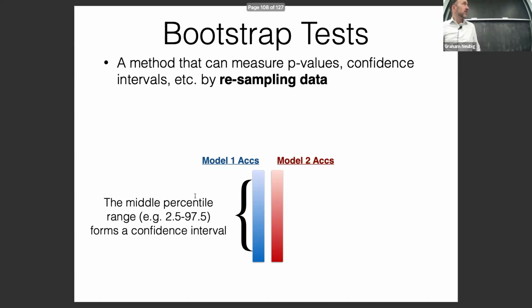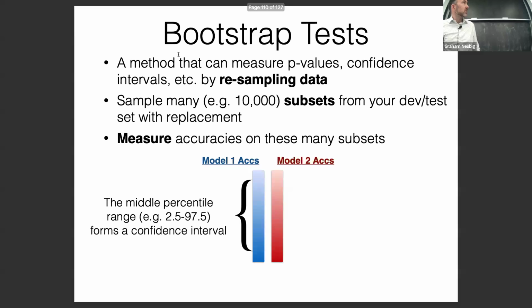So the basic idea of a bootstrap test is a method that can measure p-values and confidence intervals by resampling data. The way you do this is you sample subsets from your dev test set with replacement. You might sample 10,000 times, and you measure accuracy on these many subsets.